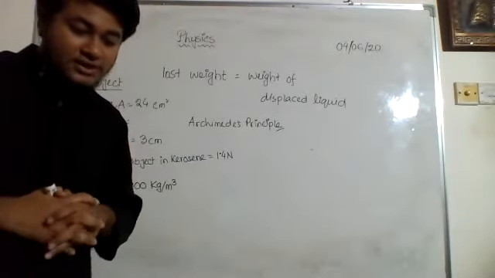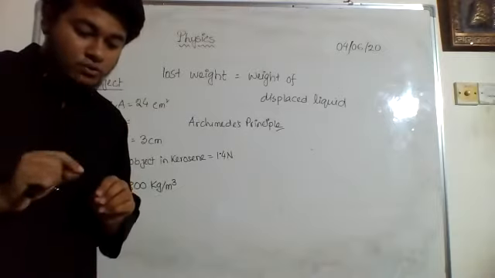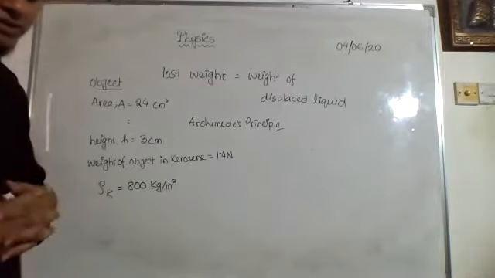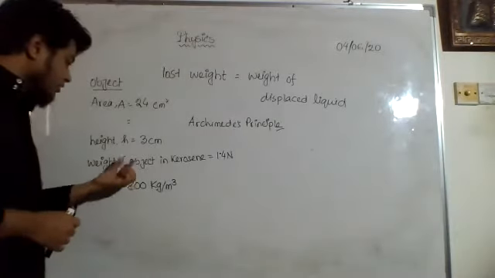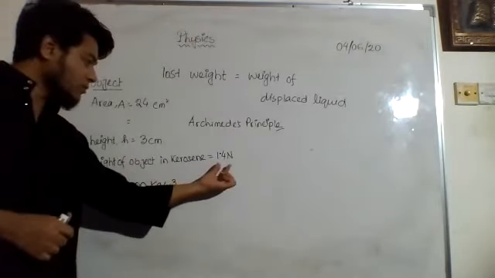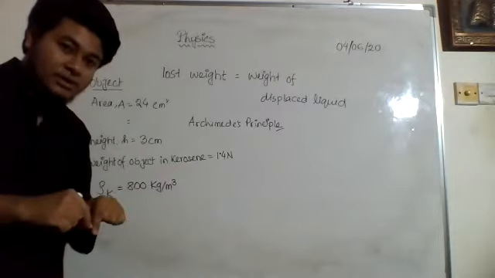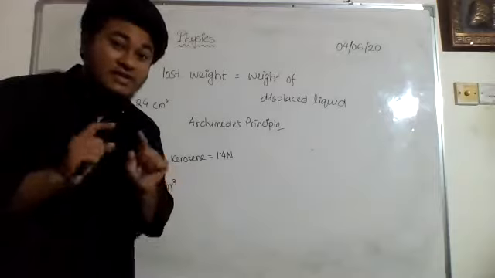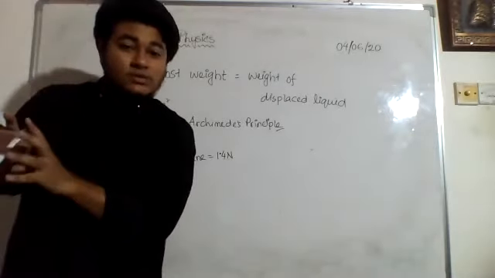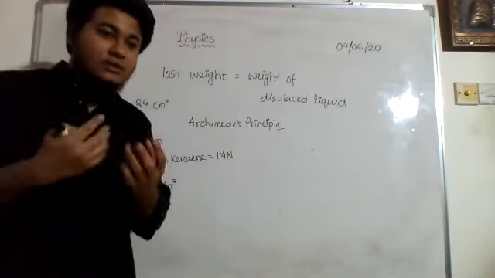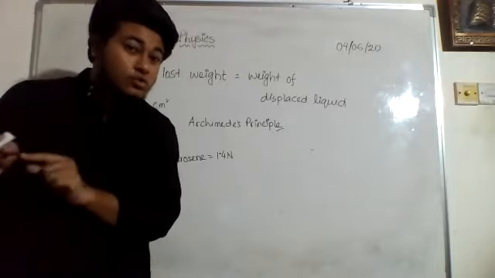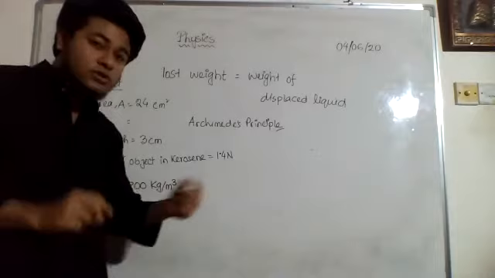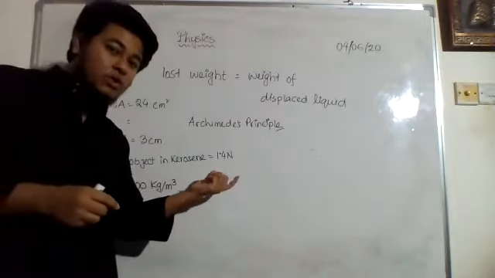But you will notice that the weight of the object outside the kerosene is not given. We have 1.4 Newton in the kerosene, but to know how much weight it has lost, I need to know the weight outside the kerosene. Let us say the weight outside the kerosene is 2 Newton. It was 2 Newton, now it has become 1.4 Newton.